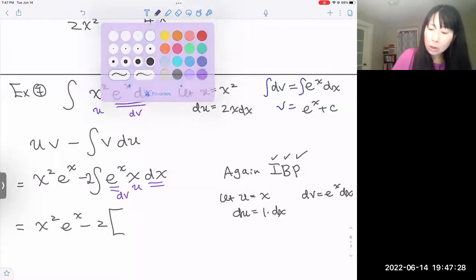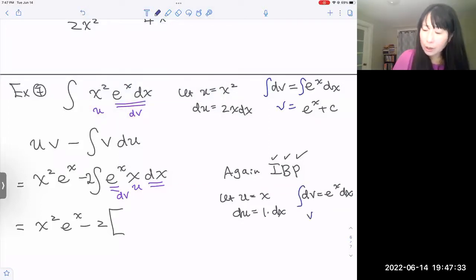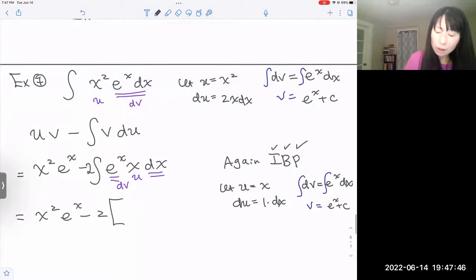Now we take the antiderivative to get v. We know that the exponential function is always a nice function, so we have e to the x plus c.